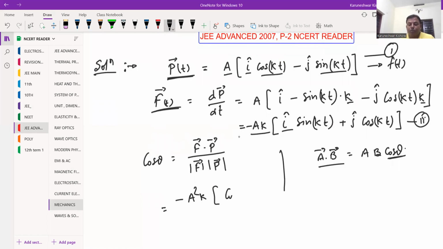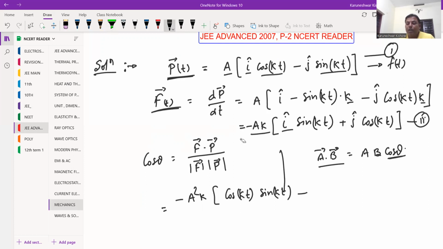Then we have sine kt, sine kt. Then, for the second term, the j components: the linear momentum has a minus and the force has a plus. So it will be minus here. So that minus term will be there.